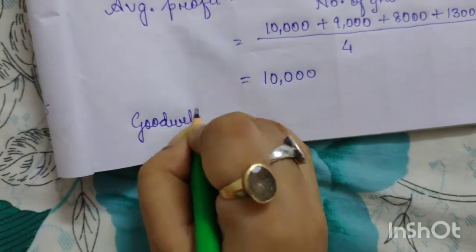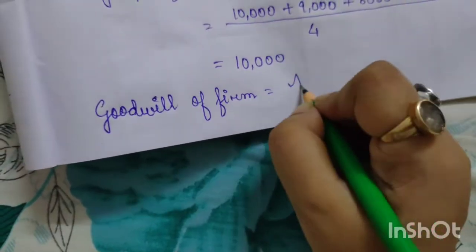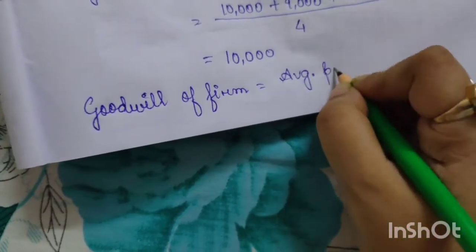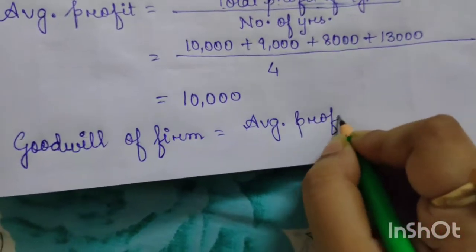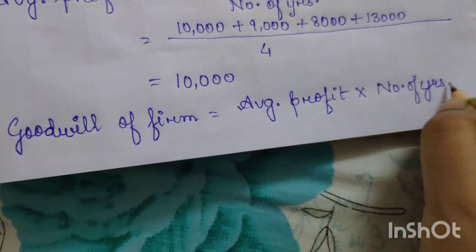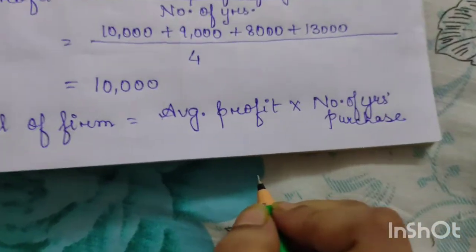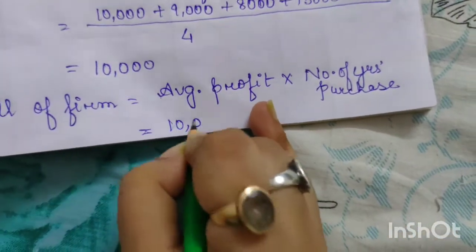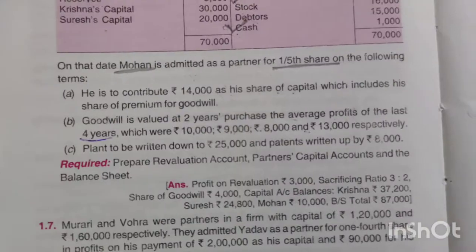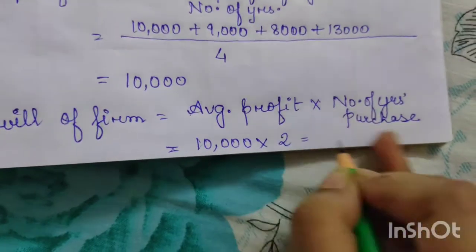So goodwill of firm is equal to average profit into number of years purchase. So now here it will be 10,000 into number of years purchase was 2. So here it will be into 2 is equal to 20,000.